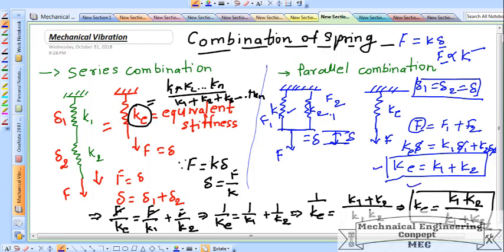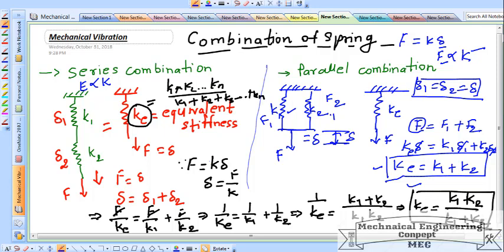These are the two basic major considerations which we need to discuss. In place of a spring, we can consider a bar element or a beam element, because each machine element, each component has some amount of stiffness with respect to its modulus, because modulus is directly proportional to stiffness.